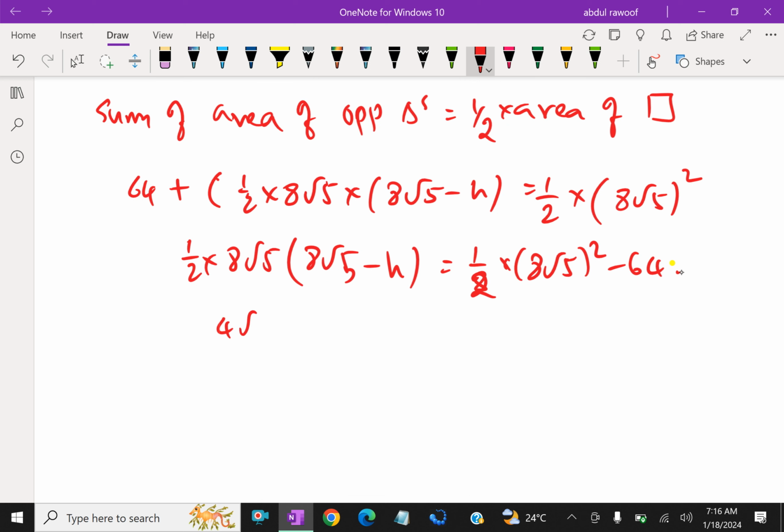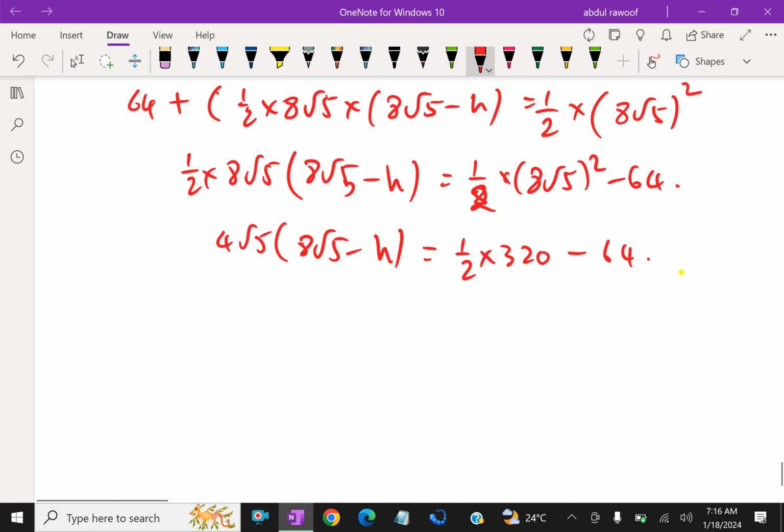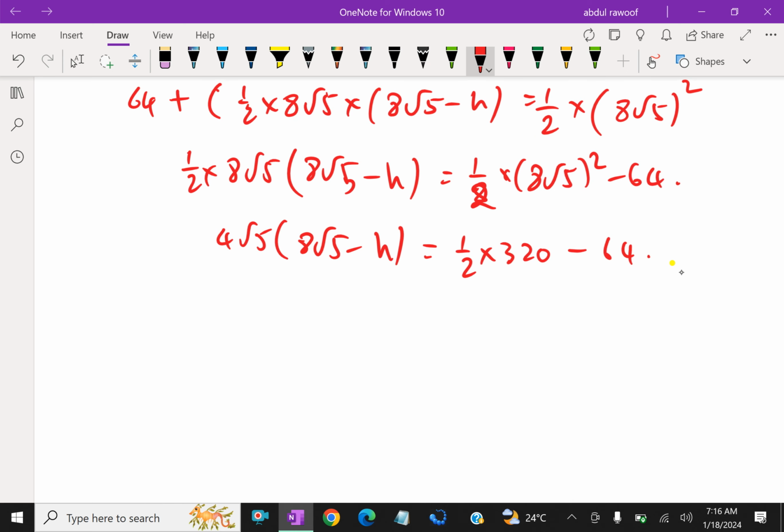Half of 8 cut as 4 root 5, 8 root 5 minus h, equals half into 8 root 5 whole squared, which is 320, minus 64. So 4 root 5 times 8 root 5 minus h equals 320 divided by 2 is 160, minus 64, which is 96.